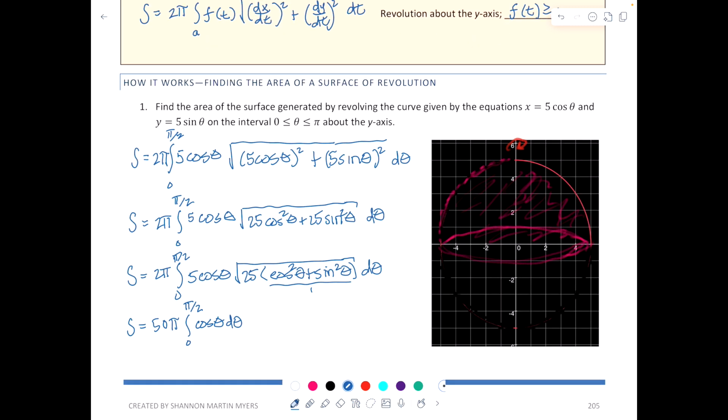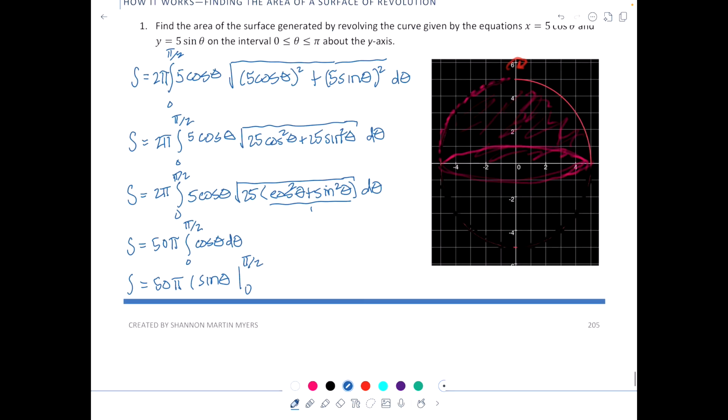So when we evaluate that integral, we're going to get 50 pi times sine theta, evaluated from 0 to pi over 2, which will give us S equals 50 pi times sine pi over 2 is 1, sine 0 is 0, and so S will equal 50 pi square units because it's a surface area. Groovy?